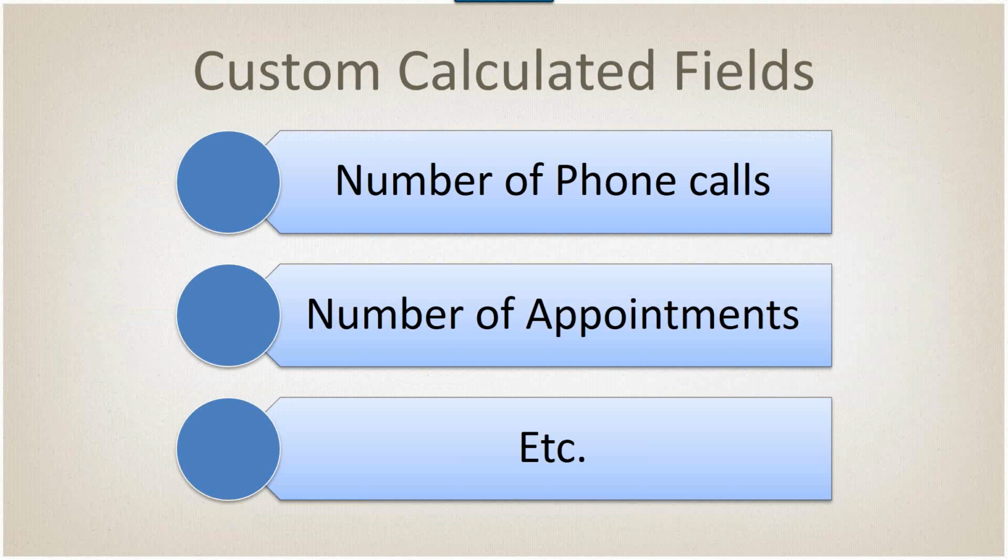This is done with just your standard calculated field or roll-up field, and it just counts the number of phone calls you have on a contact or an account. What we use that for is some metrics to figure out what it took to turn that person into a customer, and what that number was when we finally converted them from a prospect into a customer.